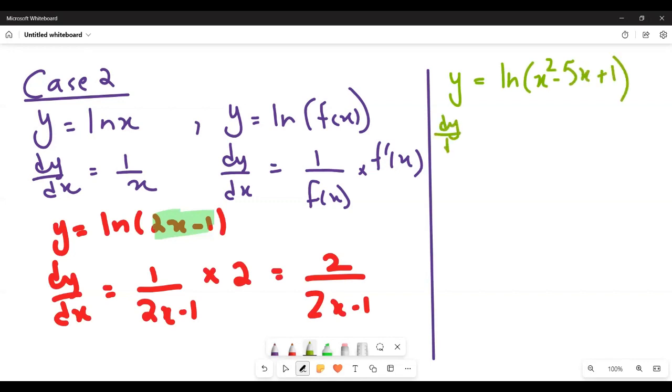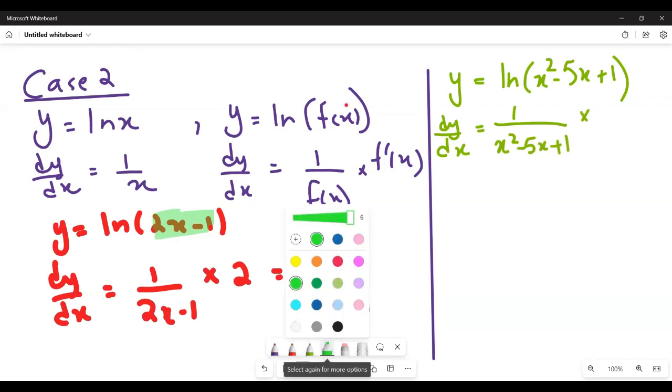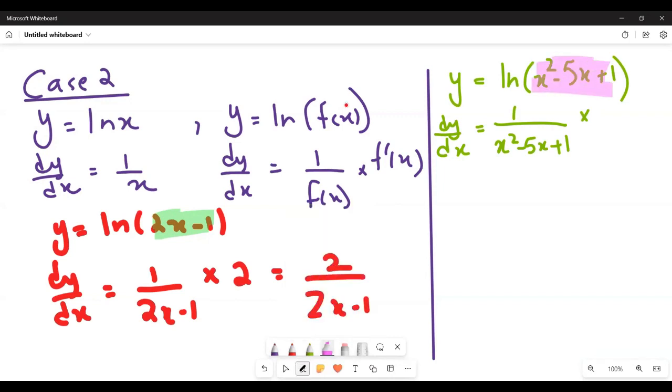Then dy over dx would be 1 upon f(x), so x square minus 5x plus 1 in the denominator, and you multiply the derivative of this, so that would be 2x minus 5.